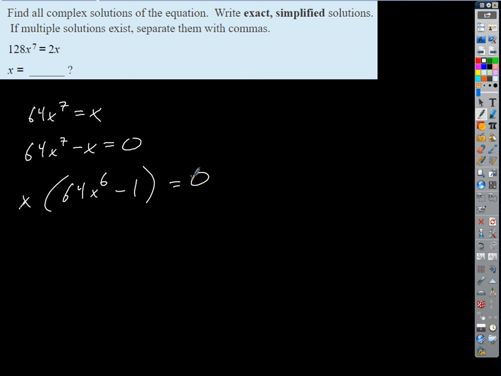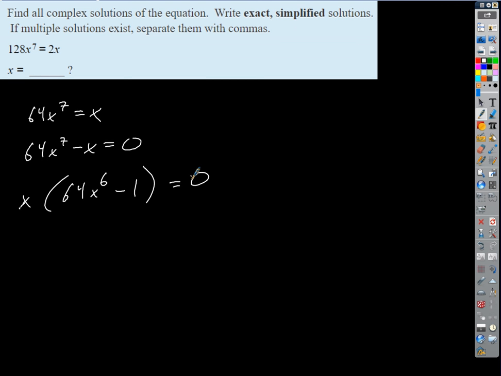Okay, so now how do I look at this? I could look at this as a difference of cubes if I think of this first term as being something cubed, right? Well, what is that cubed? 8x squared cubed, right? Does that make sense?